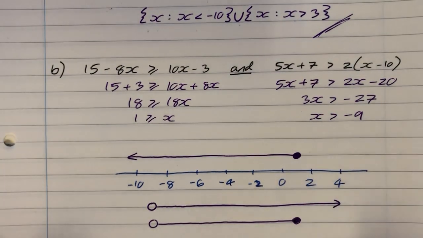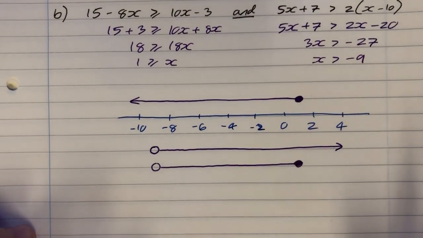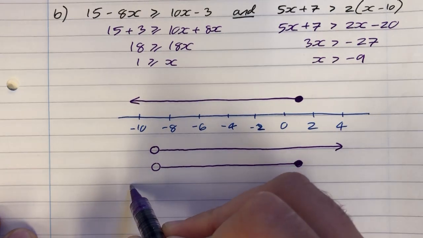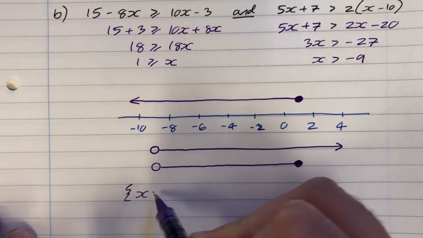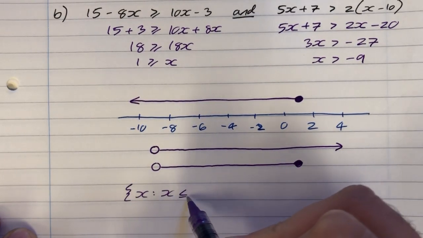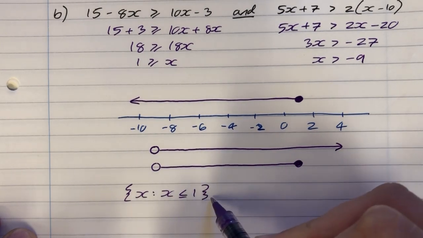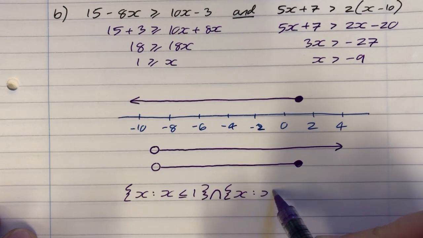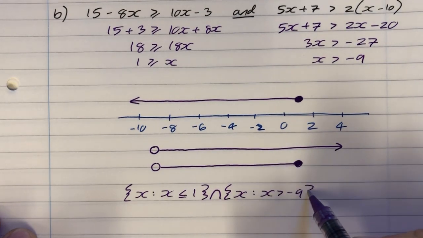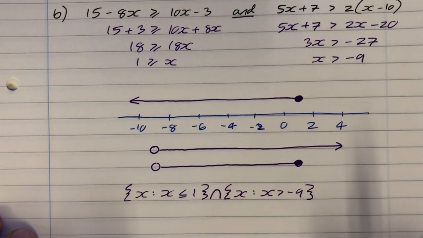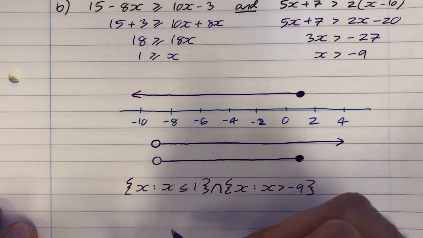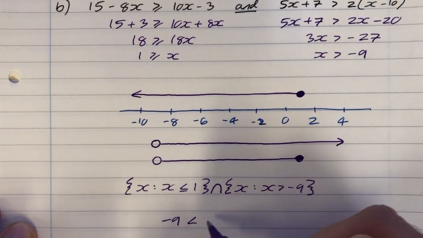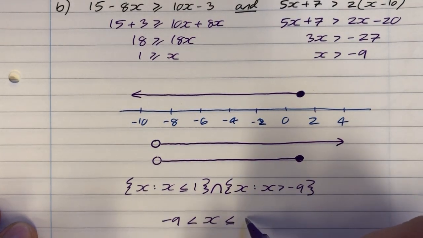Okay, so that's the solution line, and how we would write that is you would say x such that x is less than or equal to 1, and x such that x is greater than minus 9. Or, if you weren't asked to leave it in set notation, you could leave it as minus 9 is less than x is less than or equal to 1. And that is the answer.